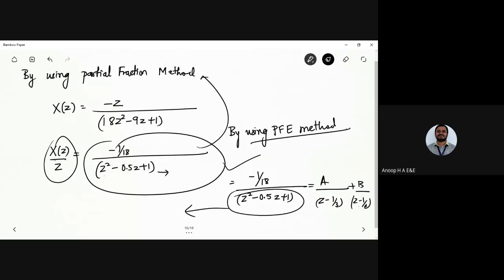That's how you are going to find out the roots of the given denominator polynomial, which is expressed in z. So this is the denominator polynomial.